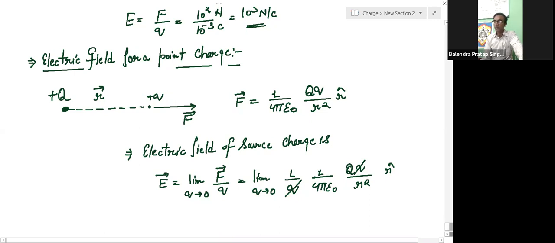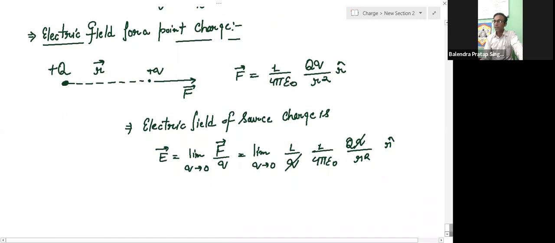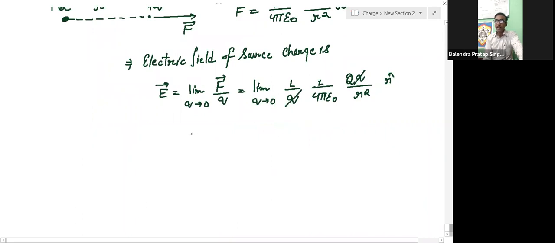If there is no q, there is no meaning of limit. Okay, so in our next step, I can write this electric field is equal to limit q tends to 0, 1 over 4 pi epsilon naught, this is our capital Q divided by r square, r cap. So we can neglect this limit because there is no q inside.